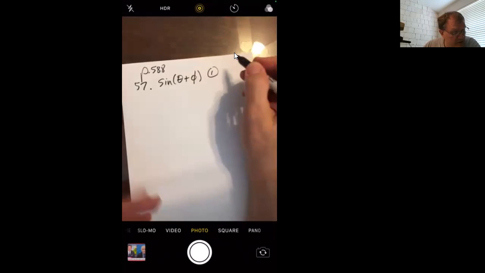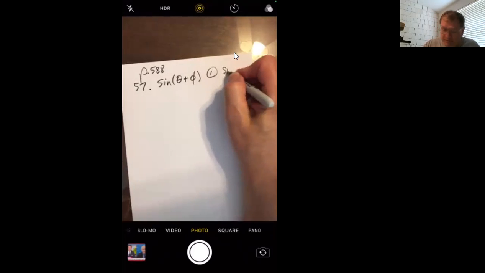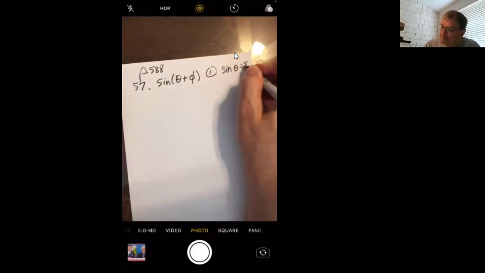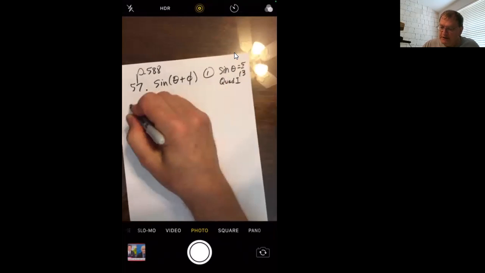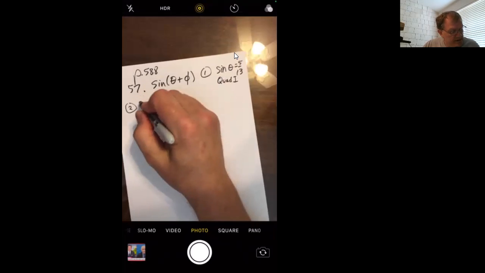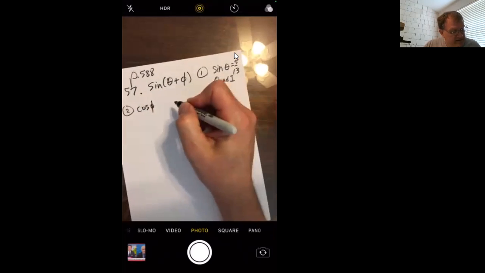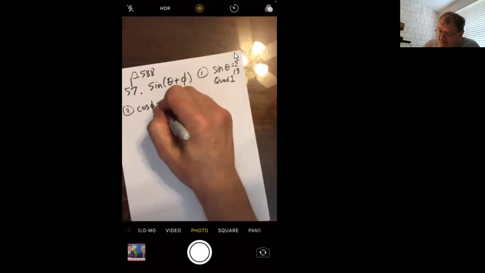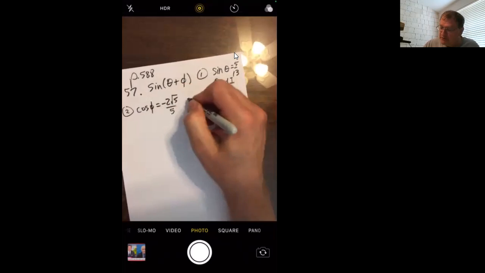It's basically, you call it situation 1. Sine theta is 5 over 13, and you're in quadrant 1. Situation 2 is that cosine of phi is negative 2 root 5 over 5. Phi's in quadrant 2.